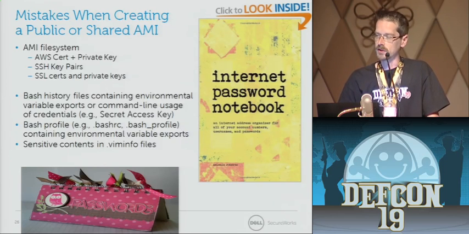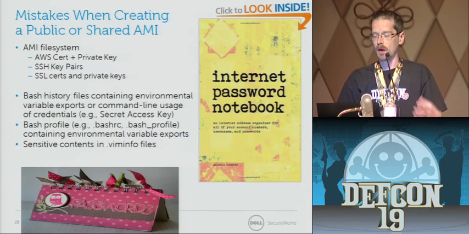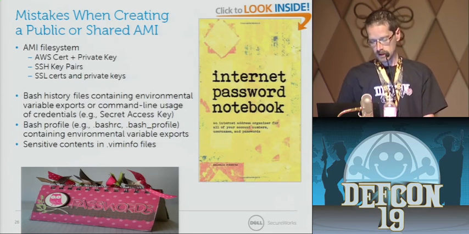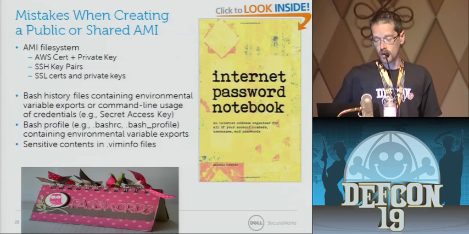You might have SSL certificates and private keys on the image. You need to be conscious as a publisher of an image of what you're putting out there, because once it's public, it is truly public, and anybody can access these images and search for these sorts of credential materials, and that's essentially what we've done. There are also other ways to leak information.